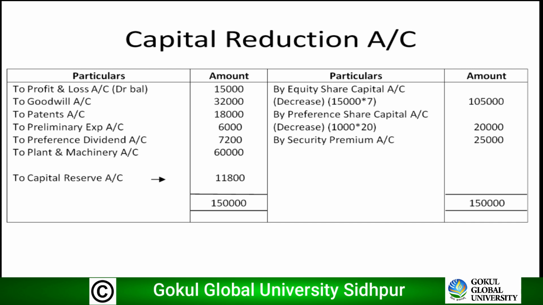So after all, make total of the credit side and deduct all entries of debit side, so deduct all debit side from the total of credit side. So we'll get 11,800 our answer, capital reserve.